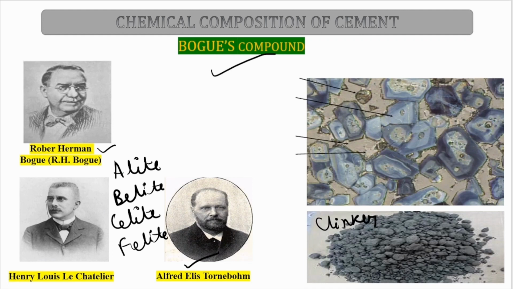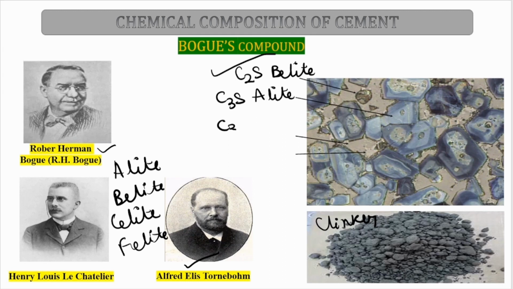Now, if you look at this microscopic view and mark these one by one in the picture, the first one represents belite, that is C2S. This is C3S, which is called alite.